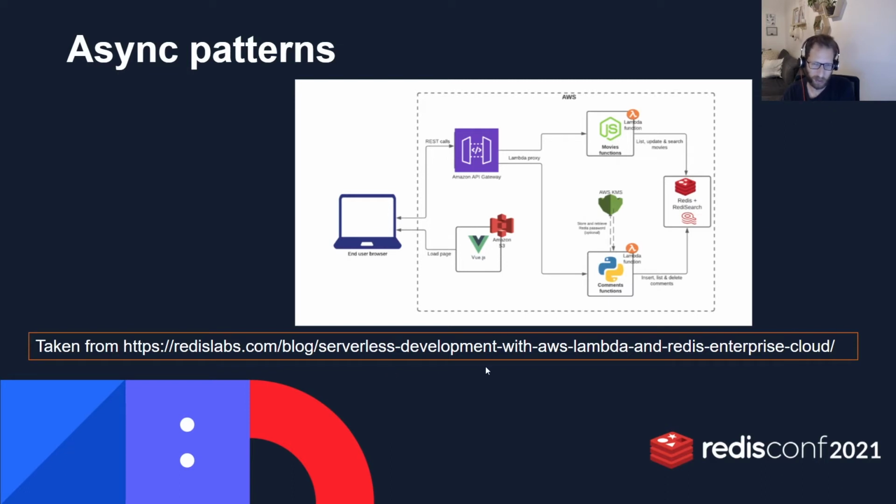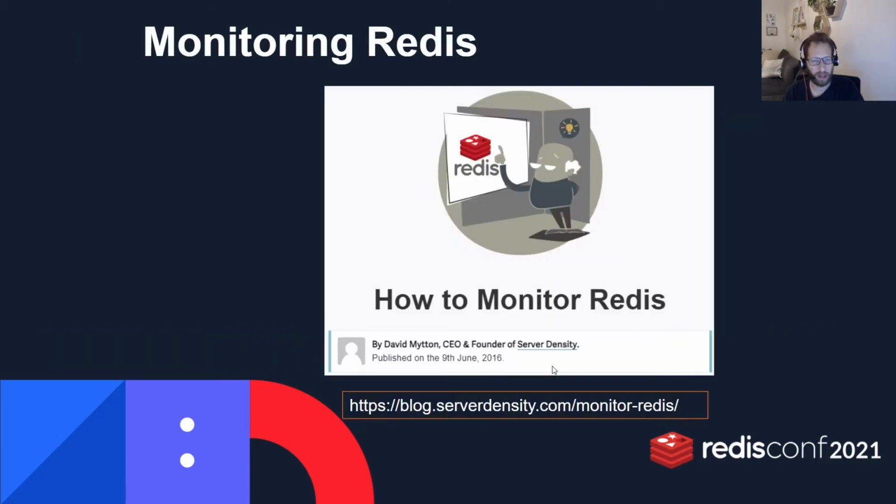So it's one example, but you can build complex cloud constructs and complex applications and still use Redis as the endpoint for those services from different clouds. So I recommend going and reading this to get some guidance.